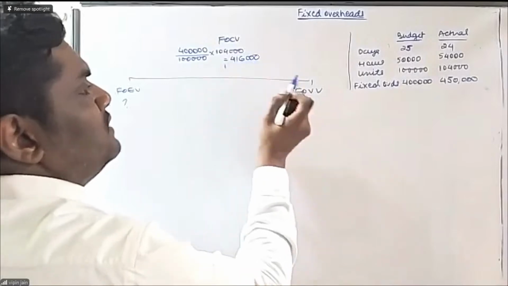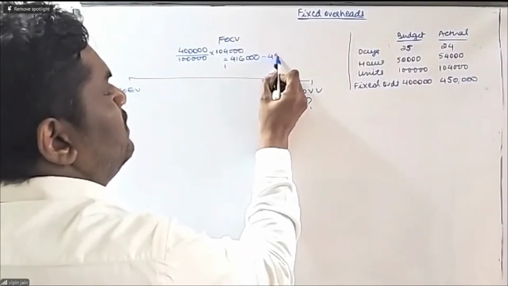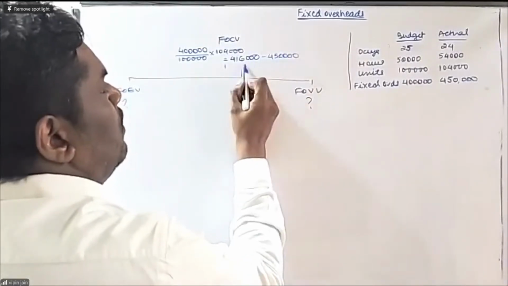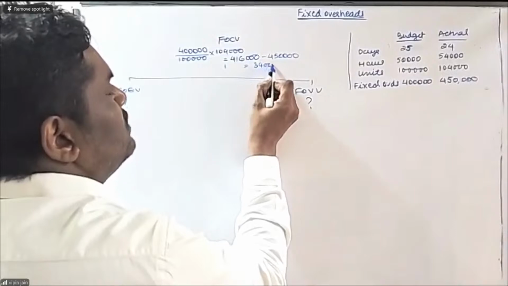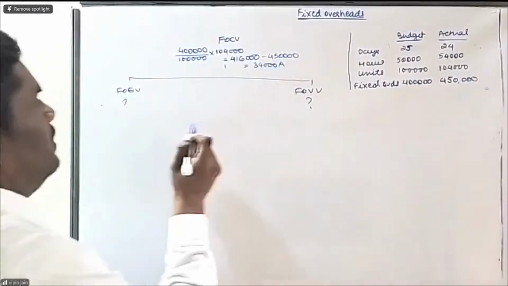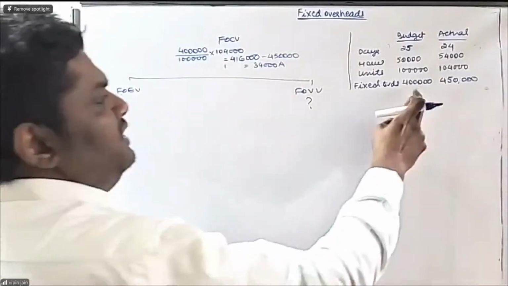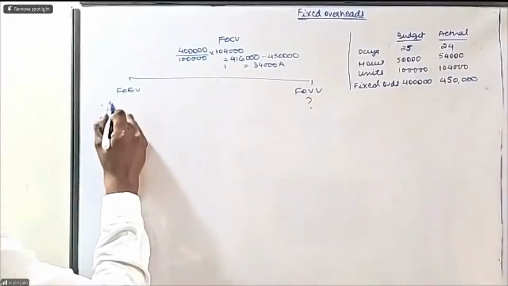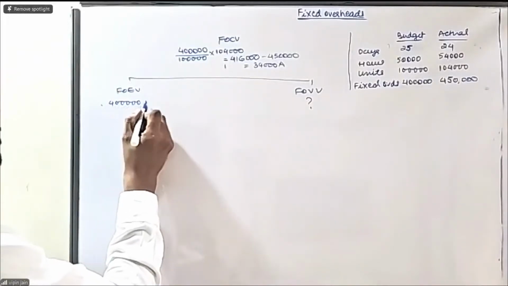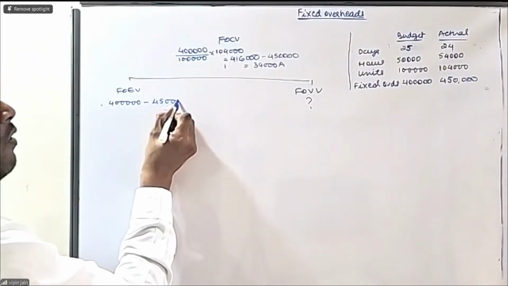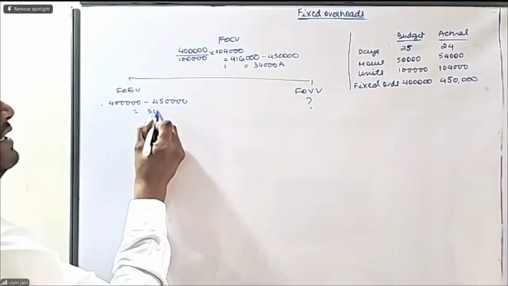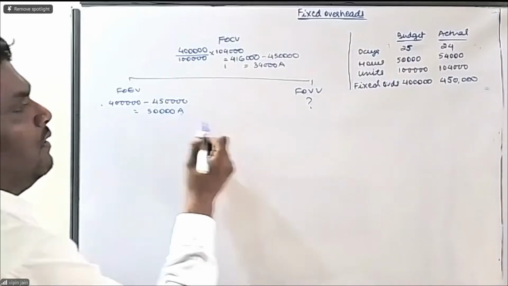My actual cost is how much? 4 lakh 50,000. So this is 34,000 adverse. Expenditure variance straight away 4 lakh minus 4 lakh 50,000. So this is 50,000 adverse.